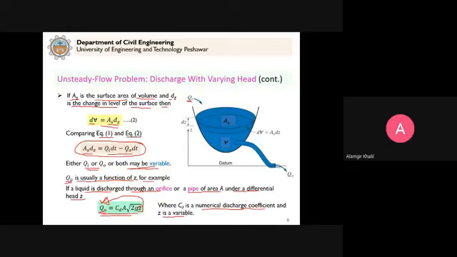Because Q naught is usually a function of Z, and Z is variable, then Q naught is variable. Clear? We can see from this formula. This is for the outflow. So commonly, in the cases that we study, Q naught is a function of Z or H, they are variable. So Q naught commonly varies with time.